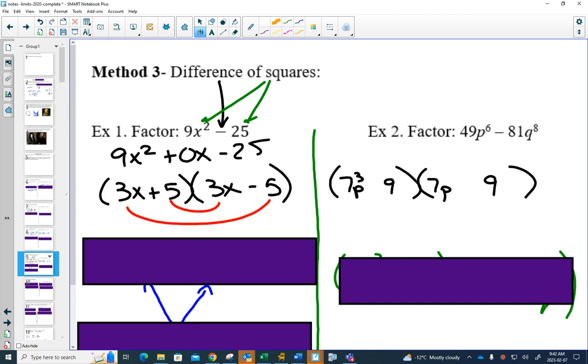P cubed and P cubed will give you P to the 6 when you multiply. 1 will be plus, 1 will be minus, and Q to the 4 and Q to the 4 will give you Q to the 8. And you can do very complicated differences of squares that would not be fun to do as regular factoring. As soon as you recognize perfect square here, perfect square there.